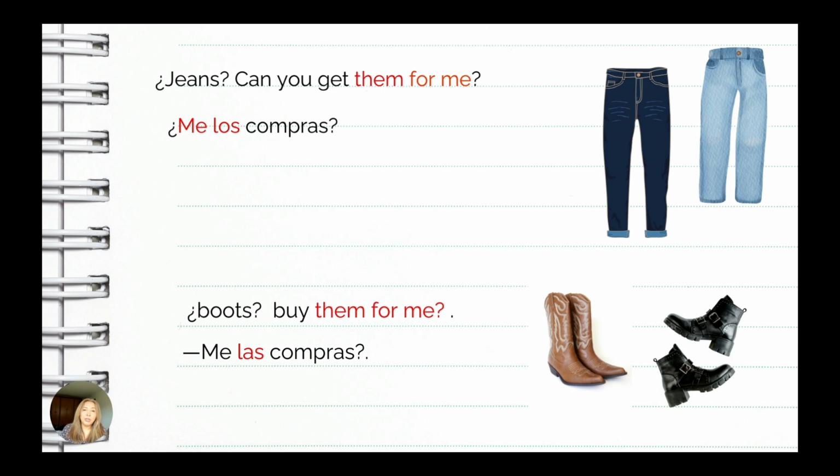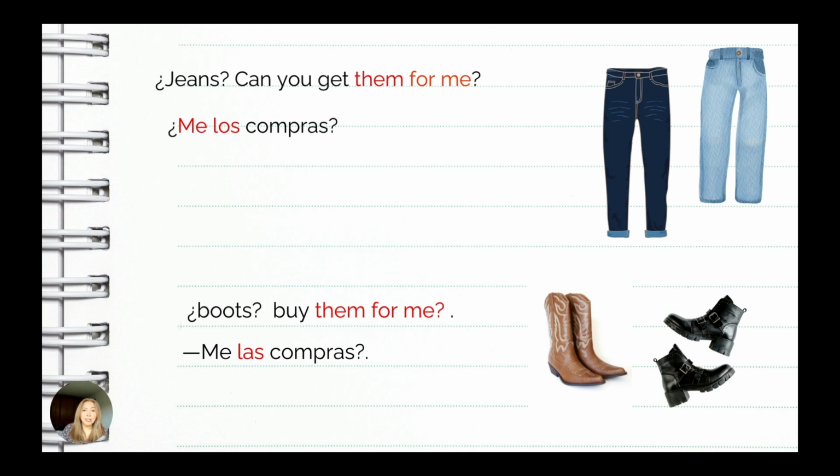Okay, now our object could also be plural. So far we talked about el mango, la bandeja, la manzana, la blusa, all singular. But it could also be plural. For example, los jeans, los vaqueros, plural. Jeans, can you get them for me? ¿Me los compras?